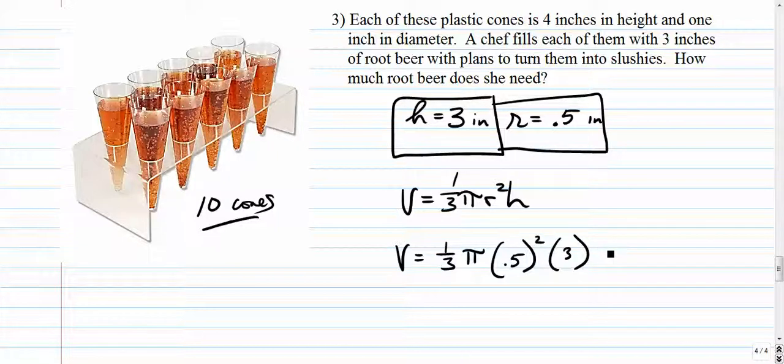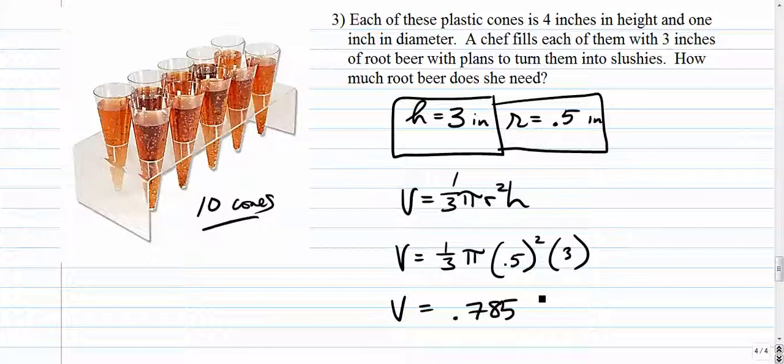Let's calculate that. The cool part about some of this is, if you ever have a 1/3 and a 3, 1/3 times 3 is 1. So this is just going to be 0.5 squared times pi. That's going to be our volume of one of these things, which is 0.785. And that's the volume of one.